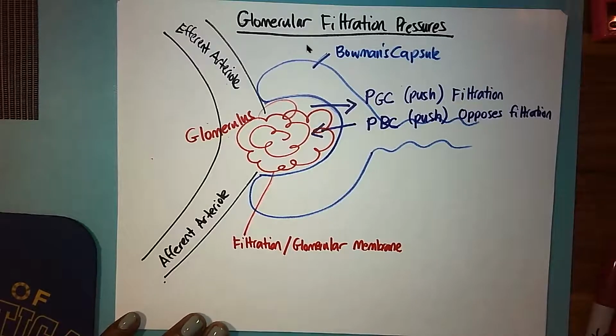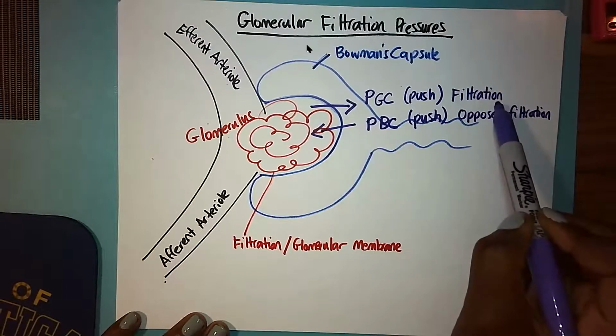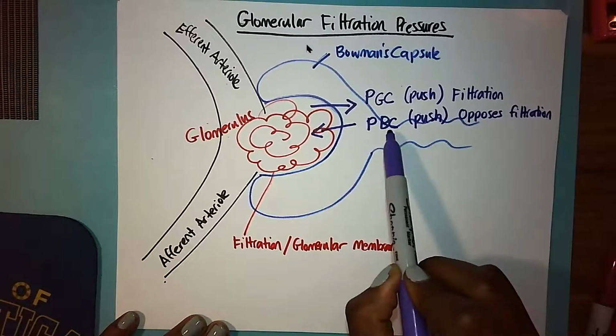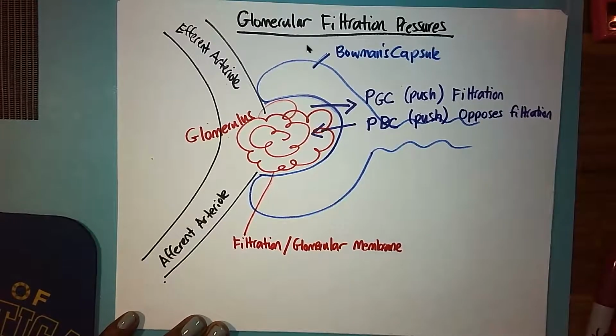Okay. So these are our 2 hydrostatic forces. One is pushing from the glomerulus into the Bowman's capsule, that favors filtration. One is pushing from the Bowman's capsule back into the glomerulus. This is opposing filtration.